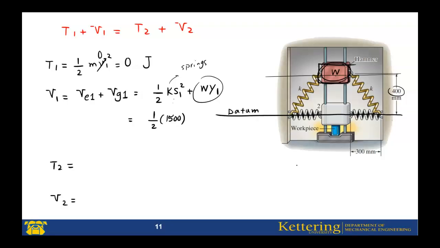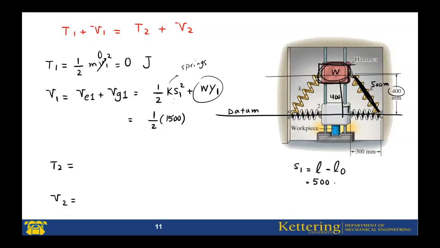To find S1, I will write here: S1 is the final length of the spring minus the unstretched length of the spring. Now, L here at this position is 1. The length of the spring, if you calculate it, is 500 millimeters. This is 300, this is 400, and from this you can find this 500.